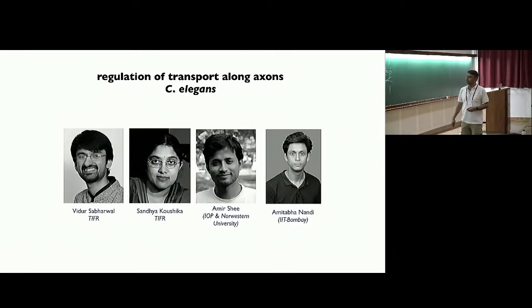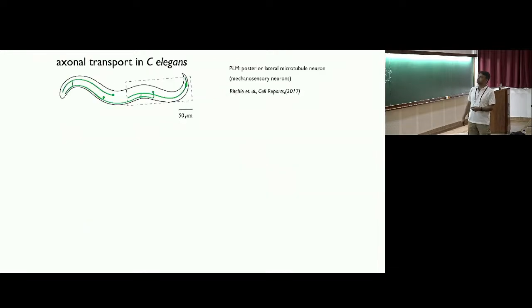Okay, so this is ongoing work. The work is mainly done by Vidur in Sandha's lab, and Amir, along with Amitavo, we developed the theory, and Amir did all the data analysis.